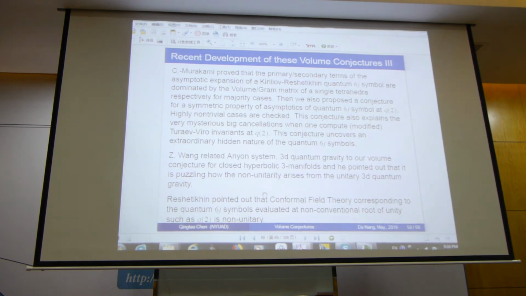Some physicists, including my advisor and Zhenhan Wang, point out this should be a non-unitary theory. This is some physics background. I also asked Kashaev, and he also told me this should be non-unitary. I think the non-unitarity comes from the quantum integer. It can be negative. Previously, the quantum integer was only positive. So this points out it's non-unitary.